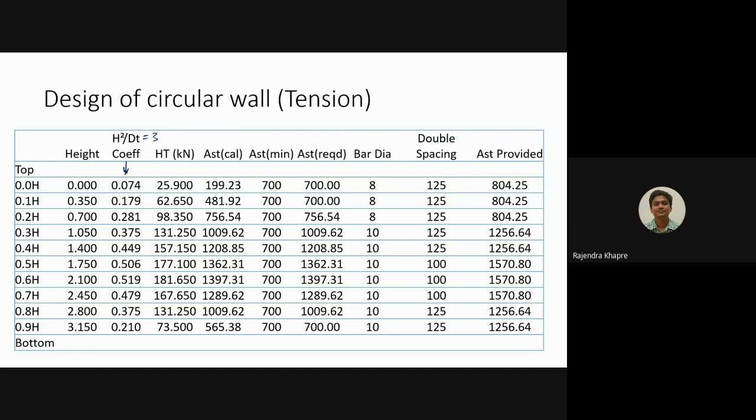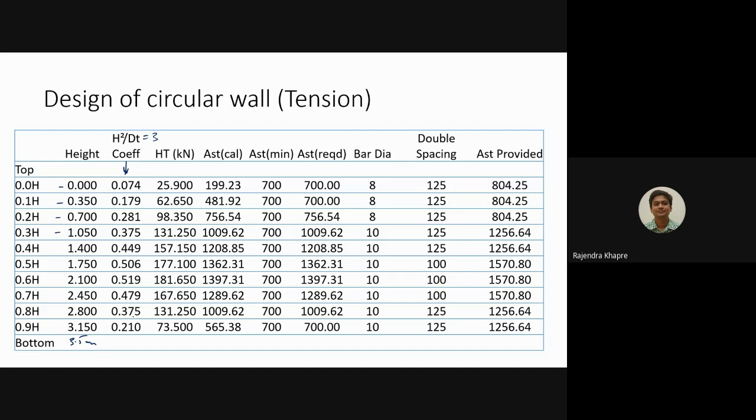The IS code has given the coefficient values at 0h, 0.1h, 0.2h, that is, the height of the wall is divided into 10 equal parts. So from the top we have 0, then 0.35, 0.7, 1.05, and so on up to the bottom. The bottom will be 3.5 meters.